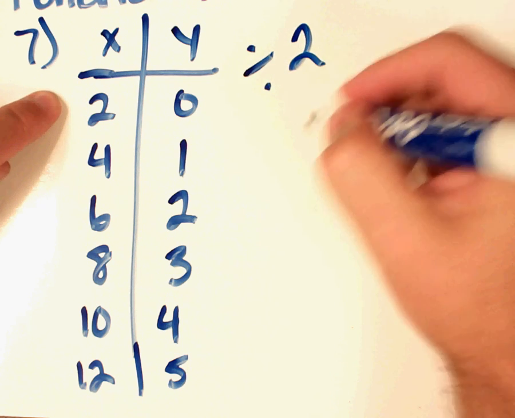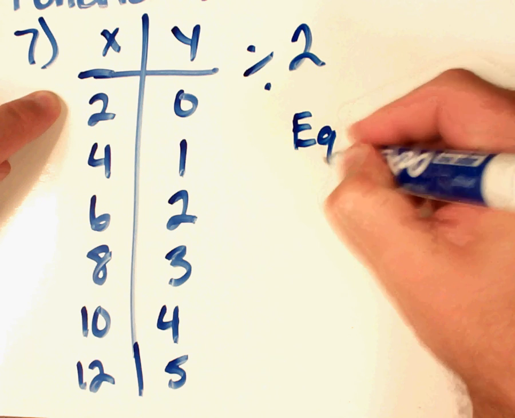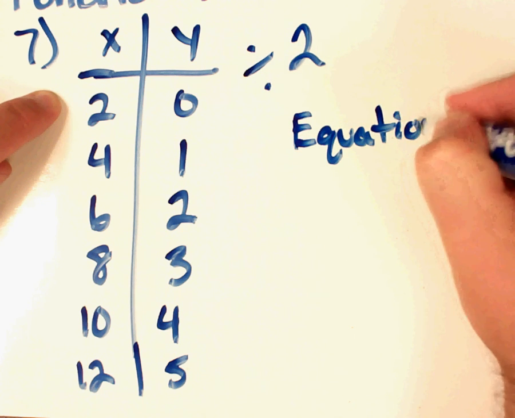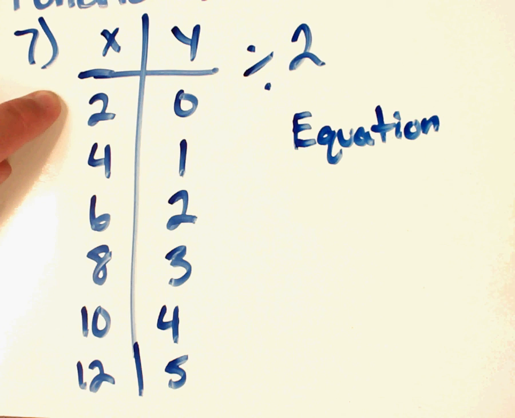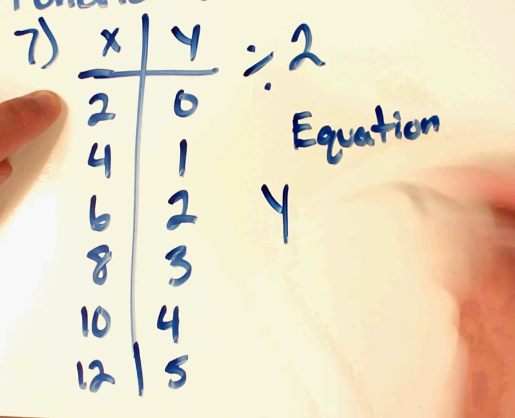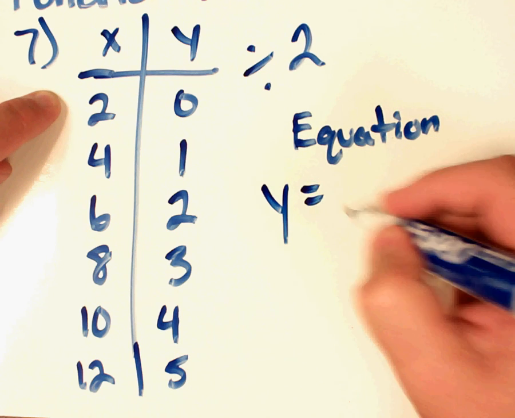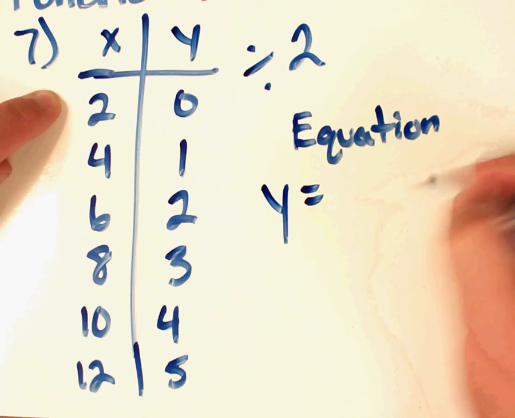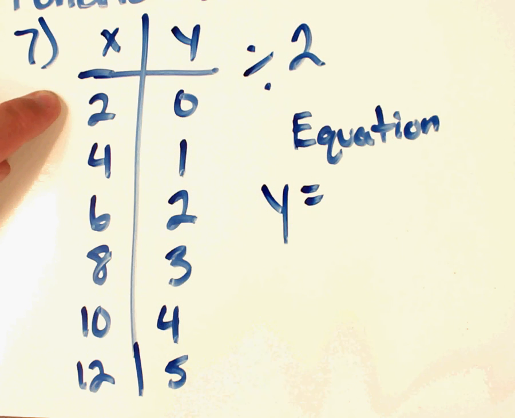So whatever equation I end up writing, I'm going to be dividing by 2 somewhere inside of it. All right, so let's go ahead and just write y equals something. Well, we'll just leave it like this for a second, because we're not quite to the point where we can really say this is what it is yet.